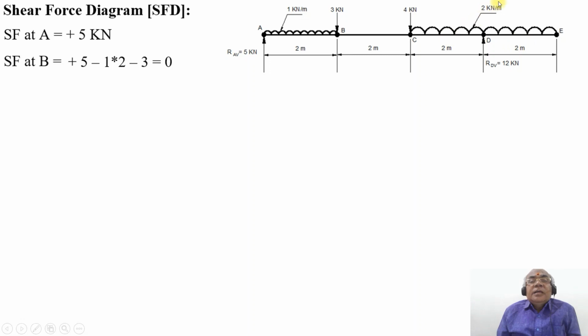But at the point B, you have the UDL and also the 3 kilonewton acting downwards. First consider between A and B. SF between A and B is plus 5 minus 1 into 2, 5 minus 2 becomes 3.